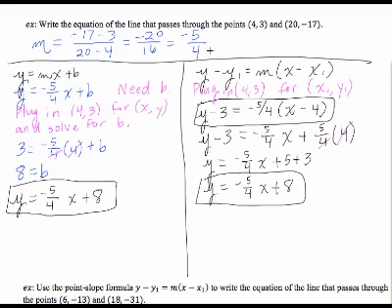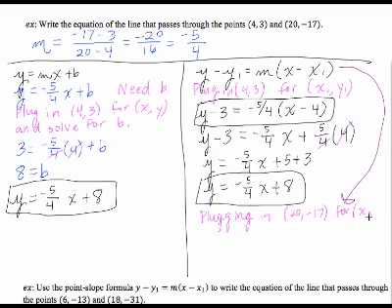We could have, up here, actually plugged in the other point, 20, negative 17. Let me show you what that would look like. We plugged in negative 17 for y1 instead of 3. It would just look a little bit different.